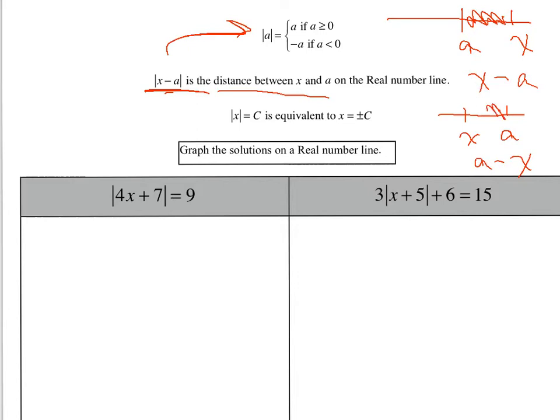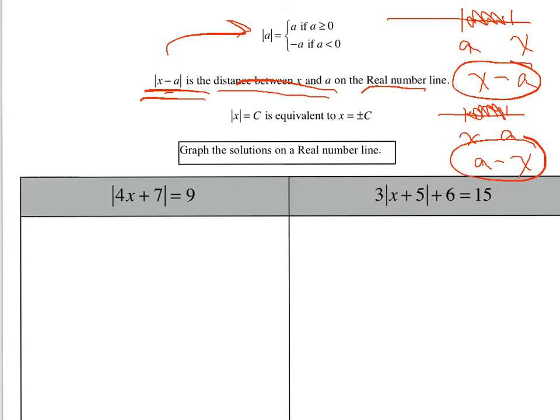And again, that'll give you the same segment length. But these two numbers, x minus a and a minus x, are opposites. And so that means they have the same absolute value. And that absolute value is the distance between a and x. And so that's why the absolute value of x minus a is the distance between x and a on the real number line.